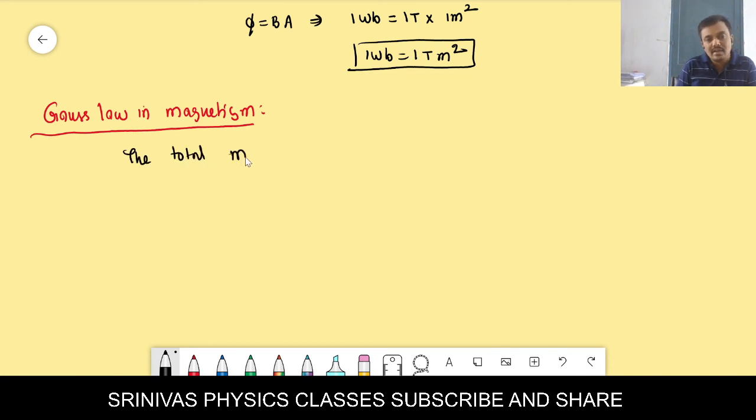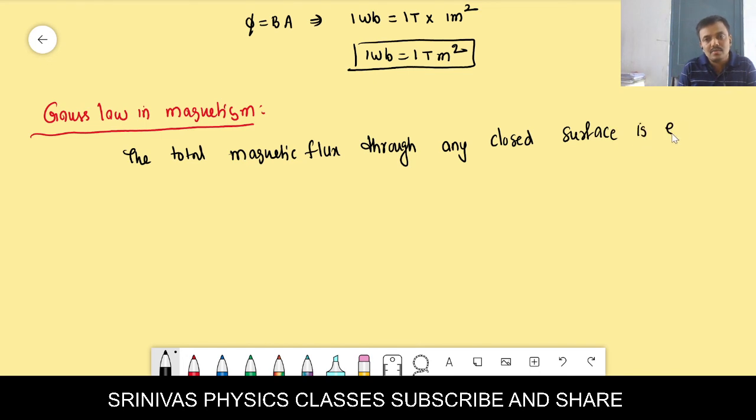The total magnetic flux through any closed surface is equal to 0.